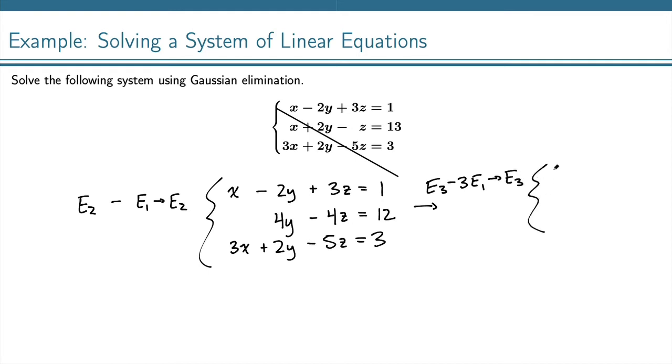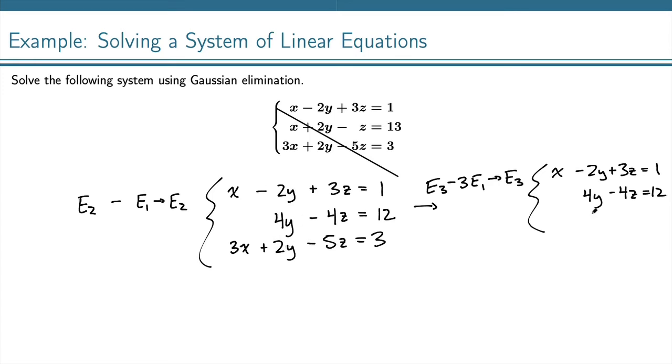Okay. So equation 1 stays the same. And equation 2 stays. And for equation 3, we have 3x minus 3x is 0. And then 2y minus 3 times -2y is plus 6y.